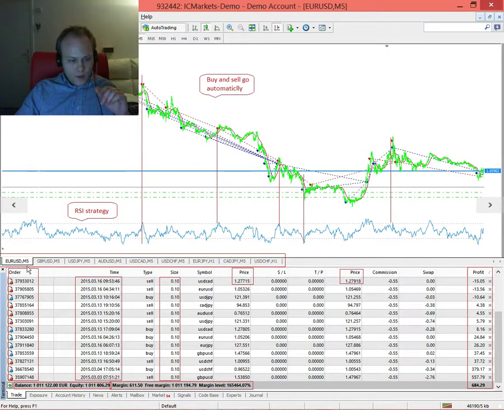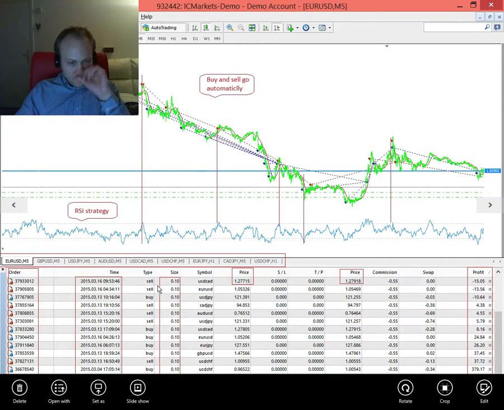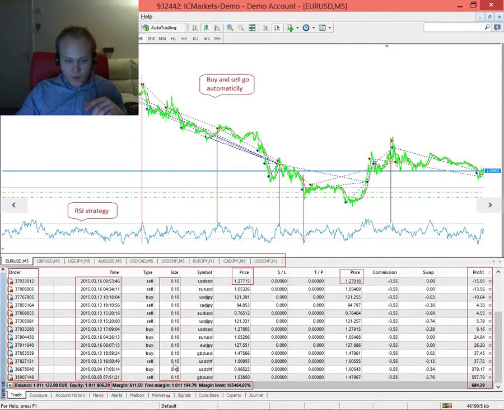Over here you can see that it was trading on the EUR/USD. You can see that we have different orders, opened at different times, different types of buy and sell. You can see that we use this lot size. When you increase your lot size, you're increasing your risk. The higher the lot size is, the more money you put in to make money.